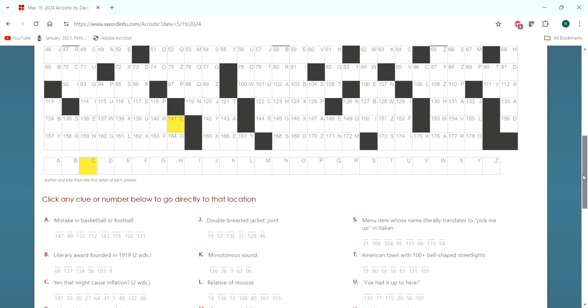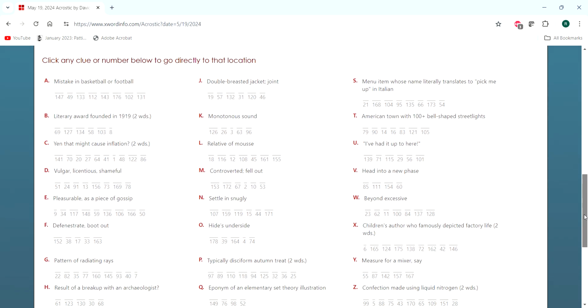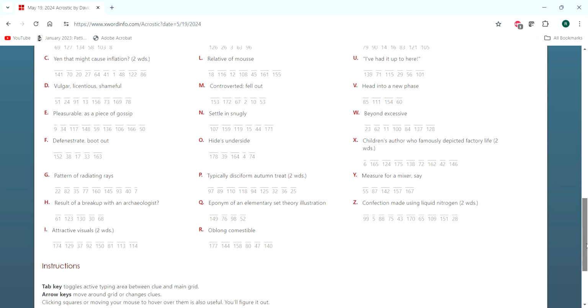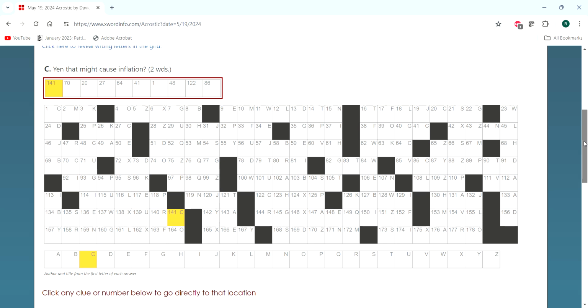Also, a great feature of an acrostic is that when you read the first letter of every clue downward from A147 all the way to Z99, that will create the last name of the author and the title of the quote up here.